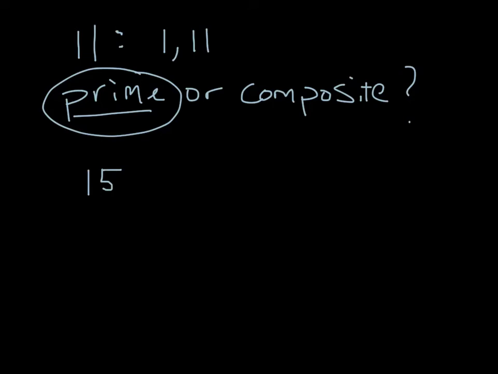Prime or composite? Okay, 15 is a composite number because the factors of 15 are 1, 3, 5, and 15. So remember, all it has to have is just one other factor besides 1 and itself. If it has even just one other factor, then it is going to be a composite number.